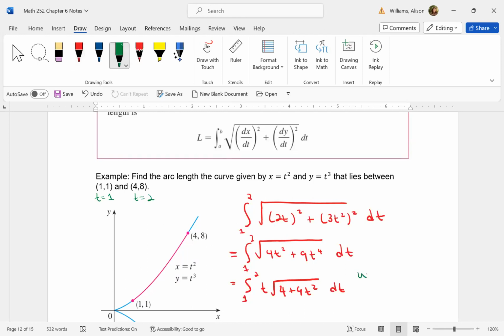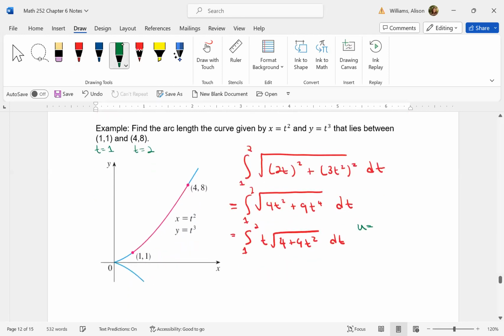I can do u substitution to solve this. So u could be 4 plus 9t squared. Then du is 18t dt, which means I could solve for t, since I have t sitting here and dt sitting here.